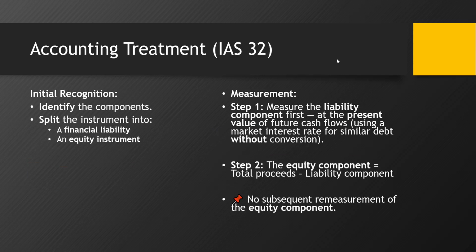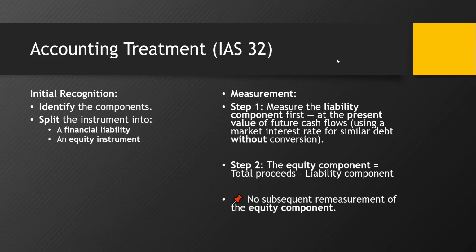Now, how do we treat this? With reference to IAS 32 of financial instruments. We have said that this compound financial instrument will have two components: the equity component and the liability component.